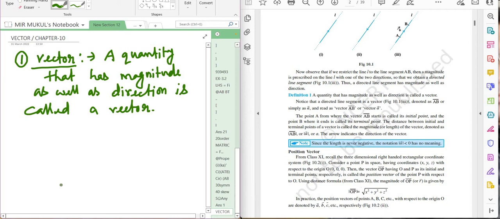Okay. So some examples of vectors are velocity, acceleration, force, all have direction also, magnitude also.